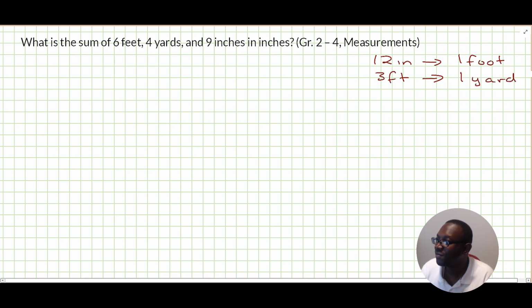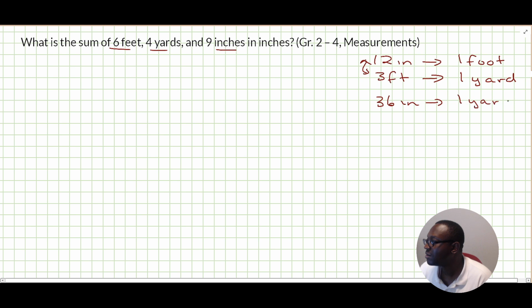So now we have feet, yards, and inches. So what I'm going to do here is look at how many inches are there in 1 yard. If I have 12 inches in 1 foot and I have 3 feet in 1 yard, I'm just going to multiply this together. So we have 36 inches in 1 yard.